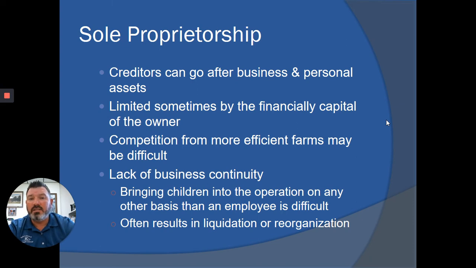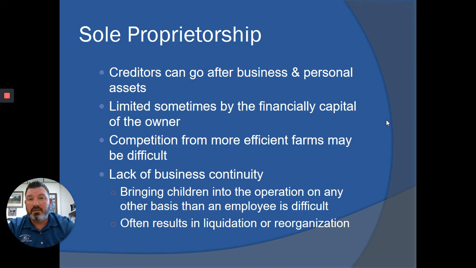And so it's sometimes limited by the financial capability and capital that the owner can come up with. As things get more efficient, sometimes sole proprietorships struggle because it's hard for them to be as efficient as different operational structures might be. And occasionally there's a lack of business continuity.